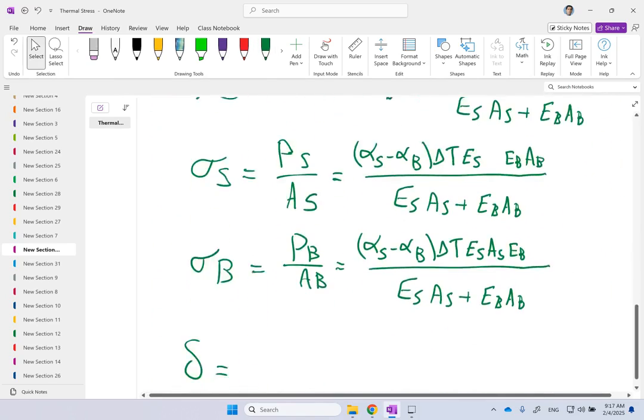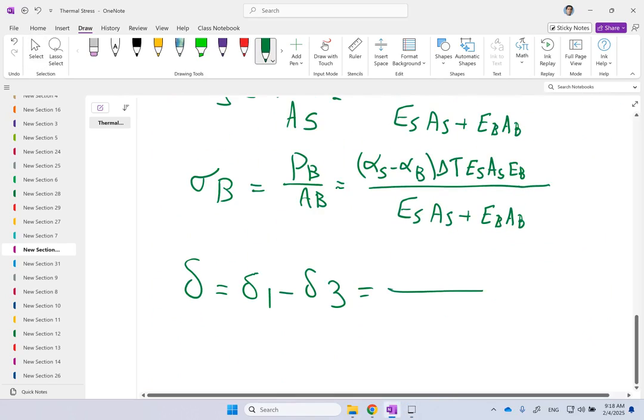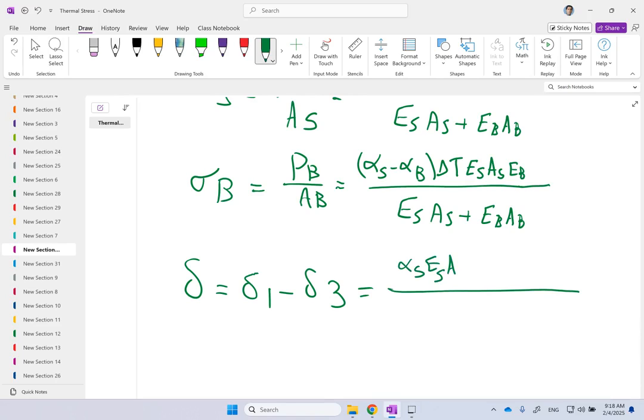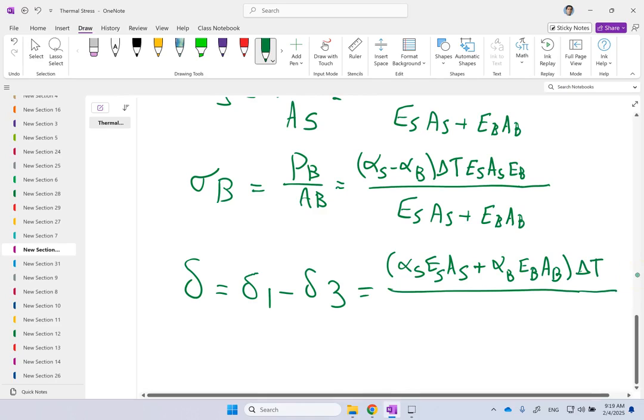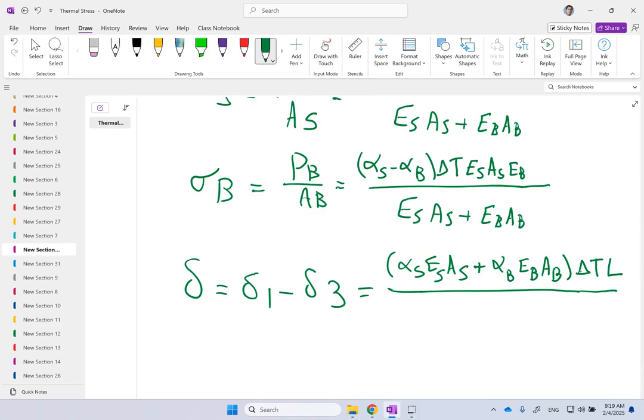Here I use the left side, and if I go for that, I am going to get alpha S ES AS plus a similar thing for the bolt, and then the whole thing multiplied by delta T and L, and divided by, again, ESAS plus EBAB.